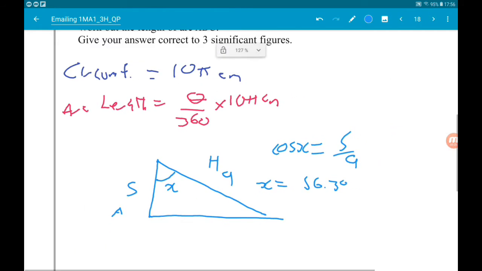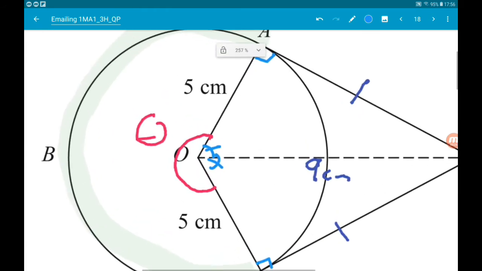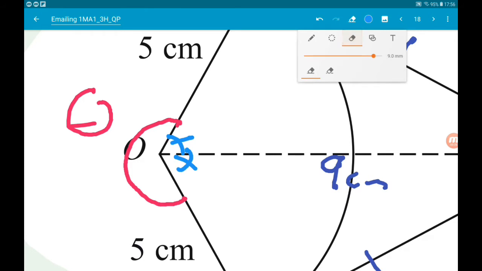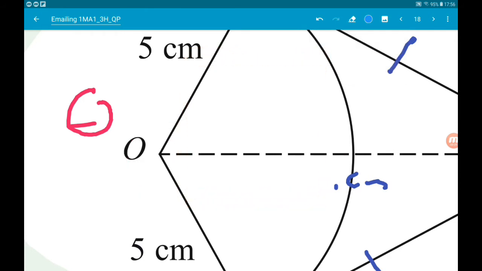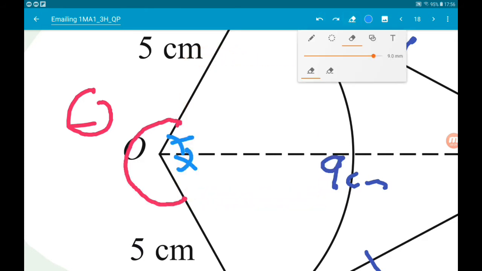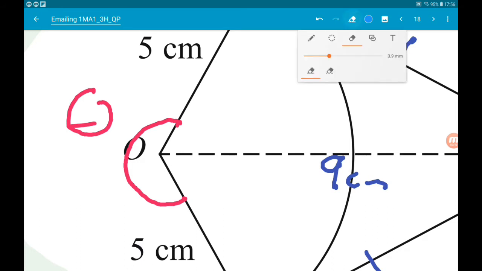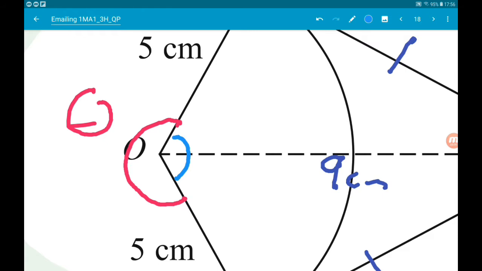Now, if we go back to the circle, those two angles are the same. So we can now work out this entire blue angle by doing 2 times 56.3. And that gives us 112.6.